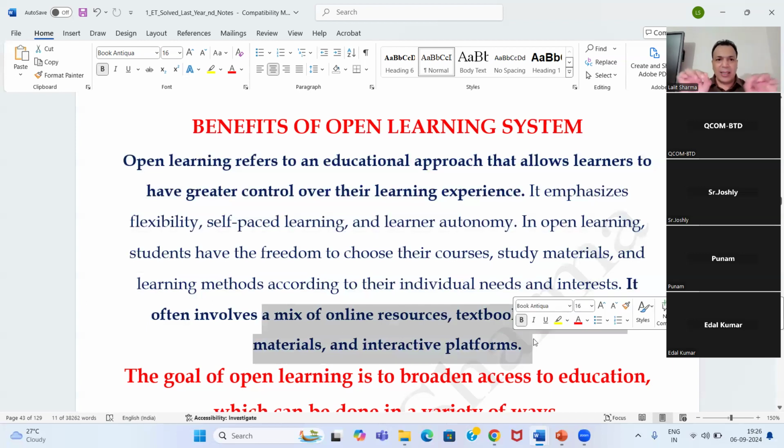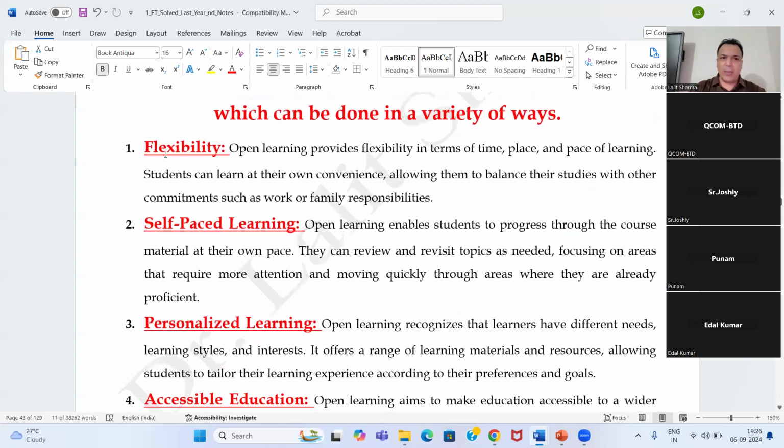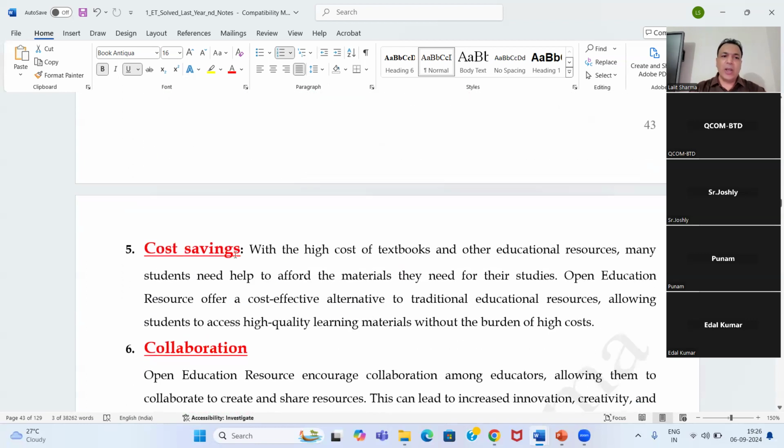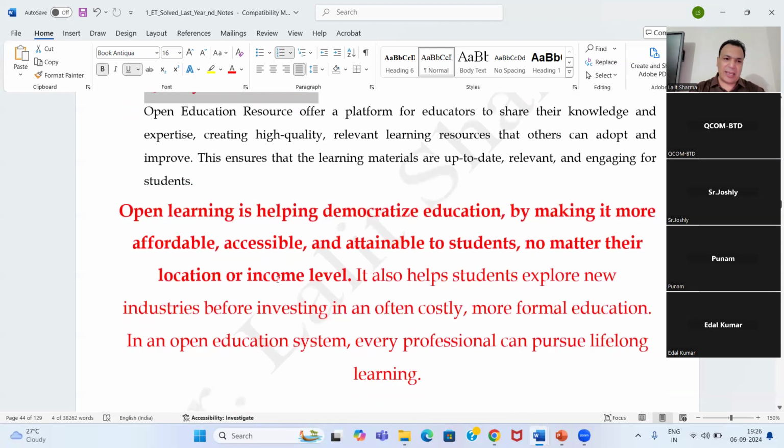Okay, this is only a very minor thing between online learning and distance education, although this is also a part of distance education, from far away. So the same points come under the open learning system: there is flexibility, self-paced learning, personalized learning, accessible education, cost saving, collaboration, quality and relevance.